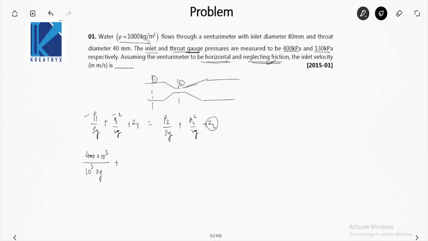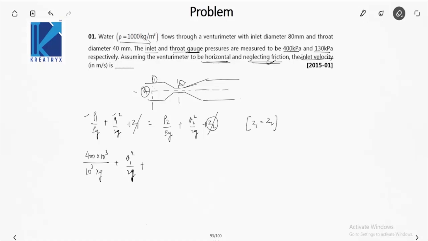V1 square by 2g. You have to find the inlet velocity. Inlet velocity is V1, that is what you have to find. So V1 square by 2g plus Z1 and Z2. What about Z2 and Z1? As this is horizontal, there is no height difference. So Z1 is equal to Z2, and this gets cancelled out.